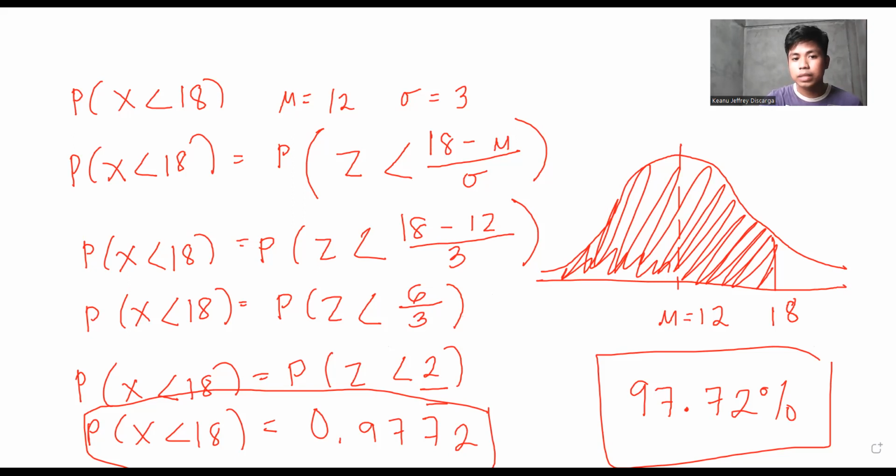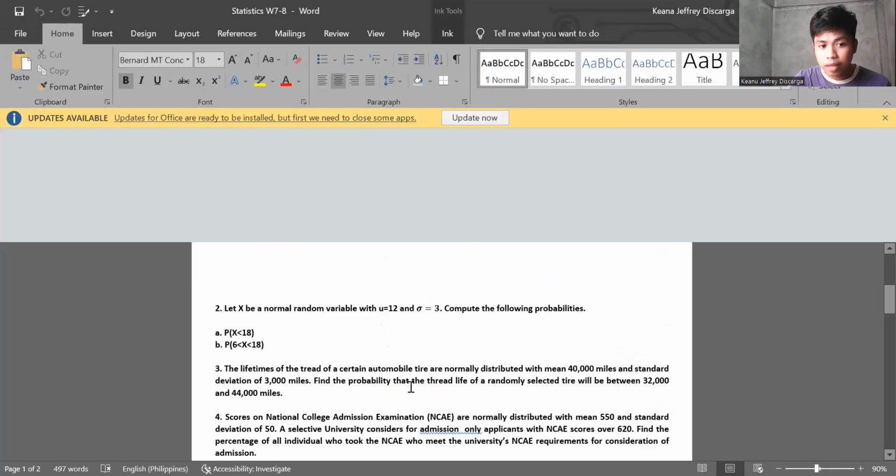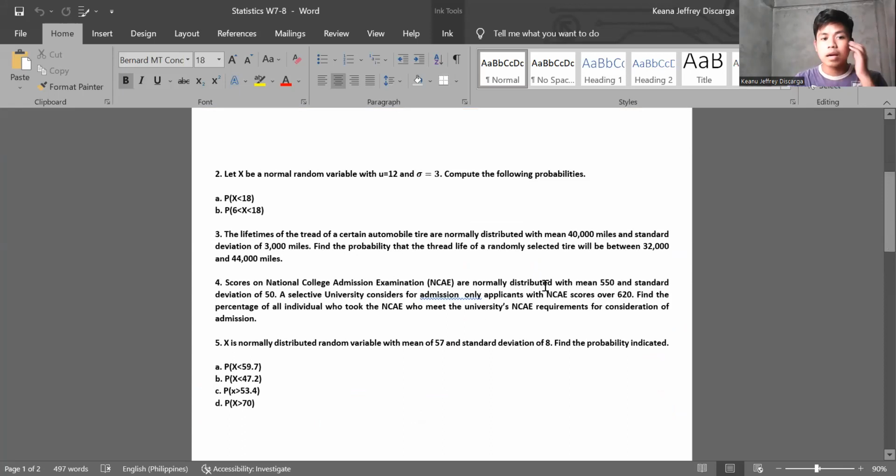Okay, let's proceed with the next question. Let x be a normal distribution with mean equals 12 and standard deviation equals 3. What you are asked to find here is 6 to 18.